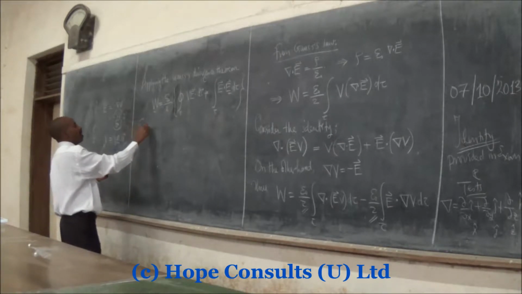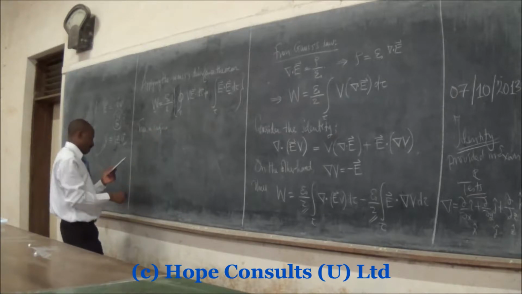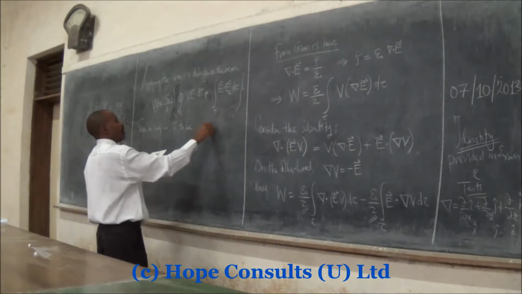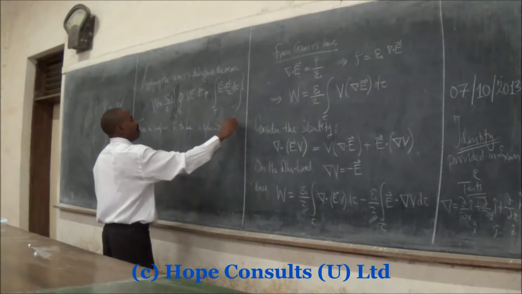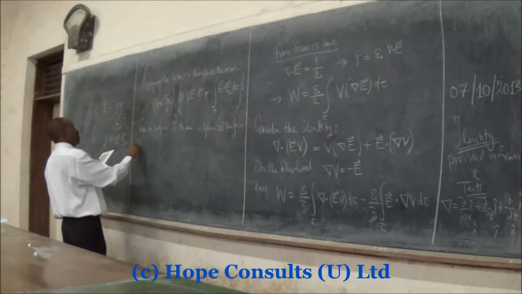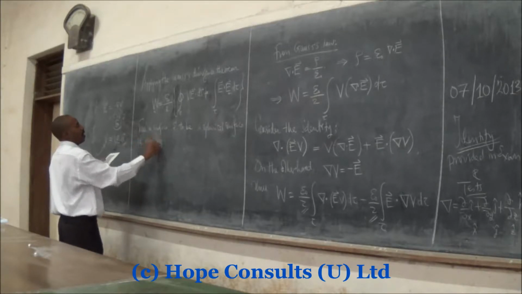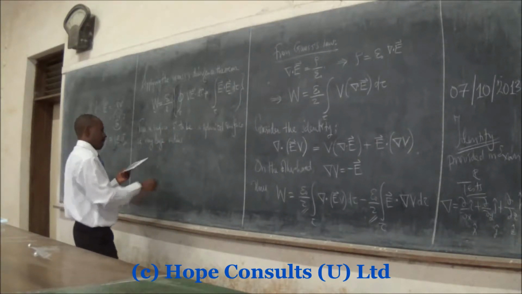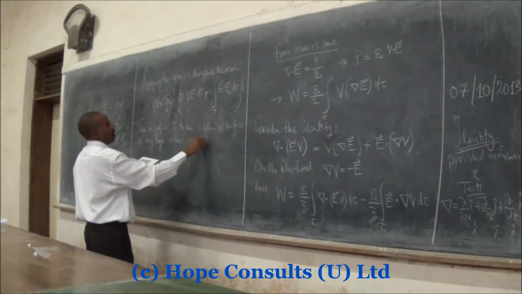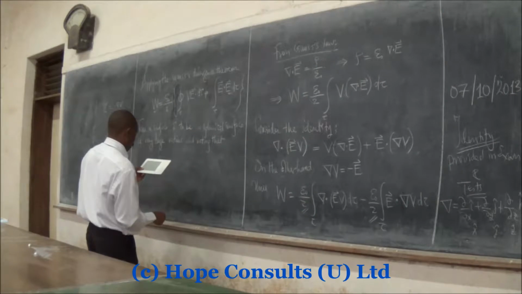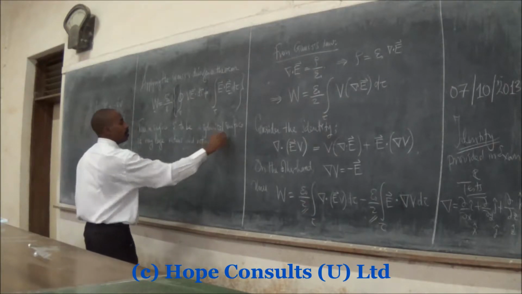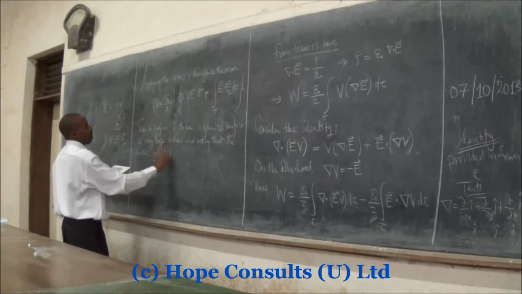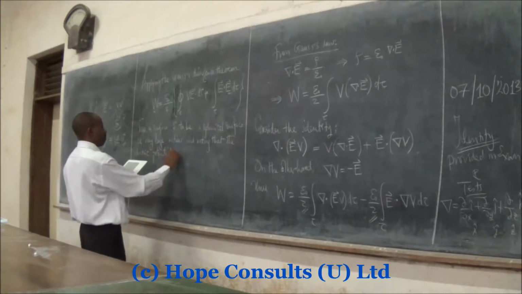Take a surface S to be a spherical surface, a spherical surface of very large radius, and noting that the electric potential values as below.